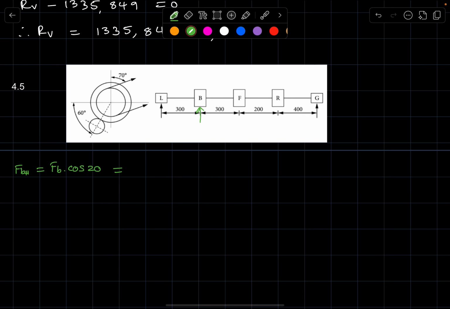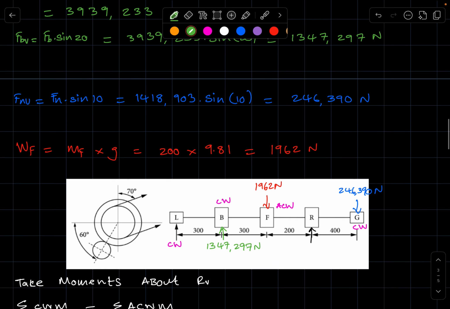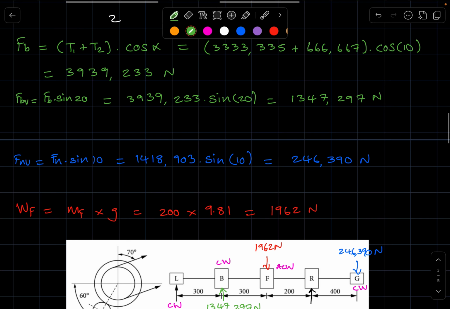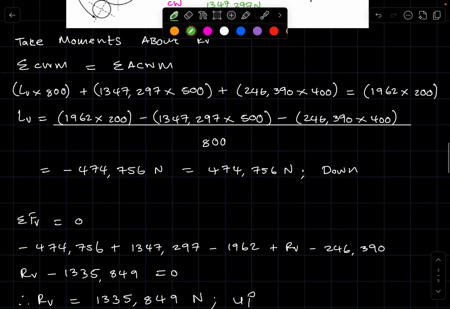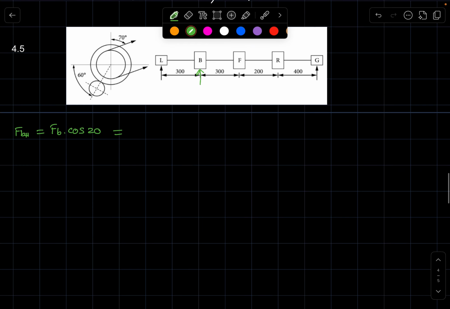Remember, we did calculate the belt force, and it is equal to 3939,233. So this here is 3939,233 cos 20. Punching this in our calculators, you should get 3701,668 newtons.